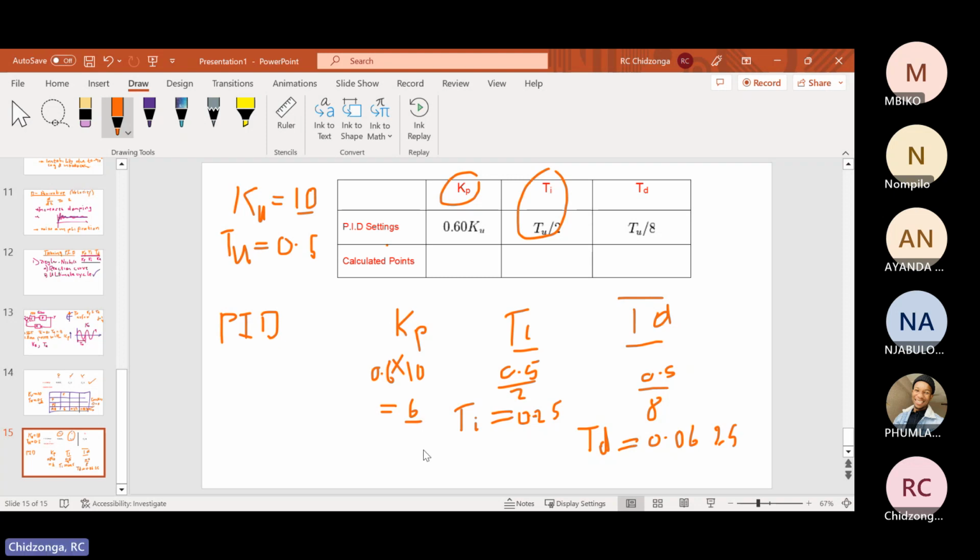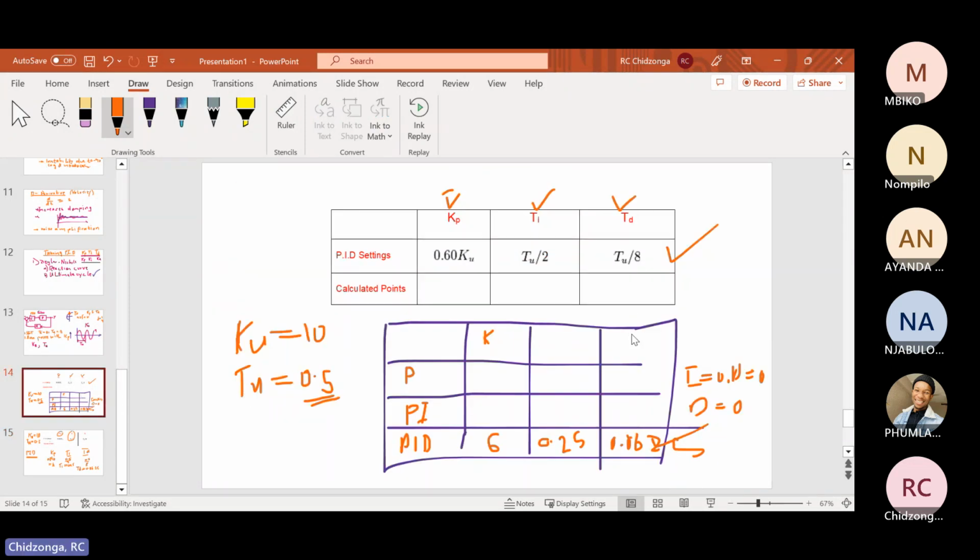When we have done that, we say we have tuned the PID controller. Then the other thing I mentioned when I went back to this table: this example, I'm only showing you for the case where we are using the full PID controller.